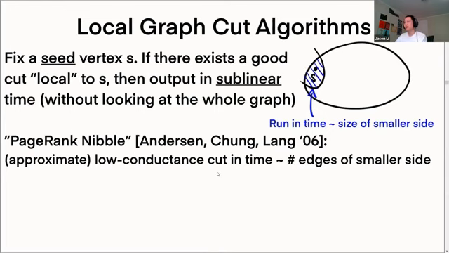PageRank is the well-known Google web page ranking algorithm, which has been analyzed theoretically. And Anderson, Chung, and Lang have shown that you can use this concept to develop a local algorithm for low conductance cuts. And the running time is ideal. It's roughly the number of edges in the smaller side.